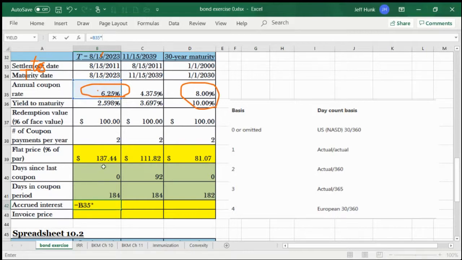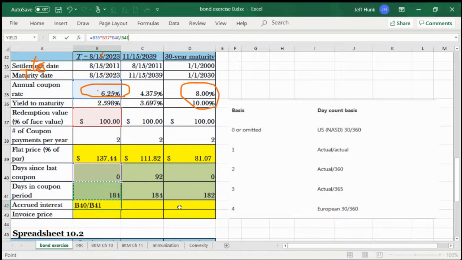That times face value times 0 over 184. So in other words, 0 days have passed within 6 months time, right? Because coupon is always semi-annual.